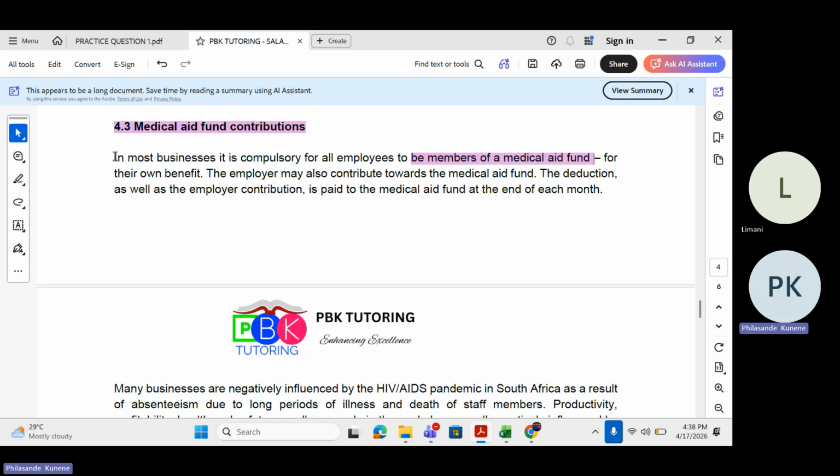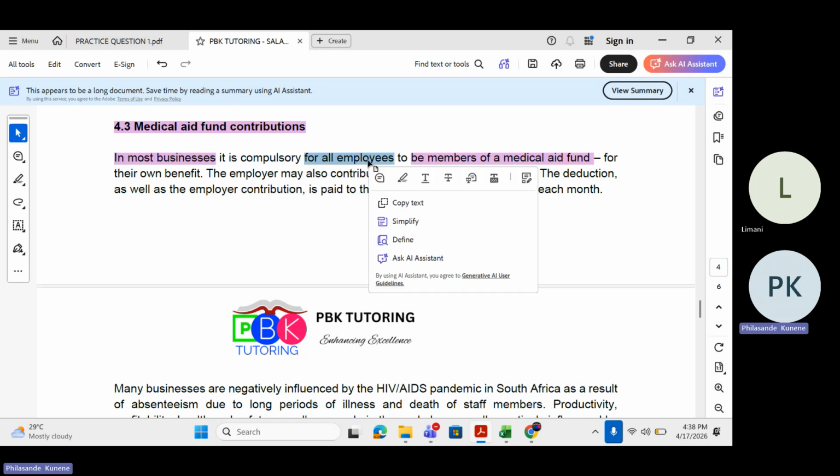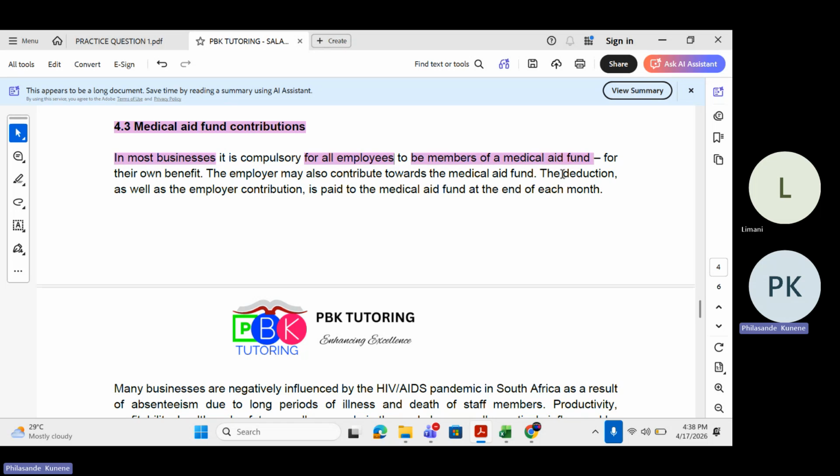But in most businesses, it is compulsory for all employees to be members of a medical aid fund, right? For their own benefits. Yes, medical aid fund is for employees' benefits. But sometimes they choose not to join. But in certain scenarios, some companies force them to say, if you're working here, all of you are going to join a medical aid fund, right?